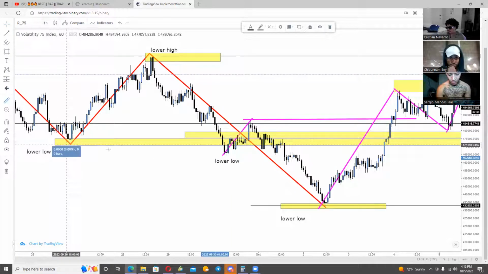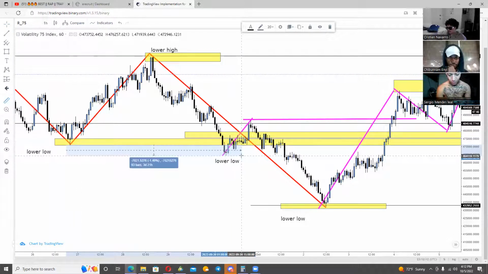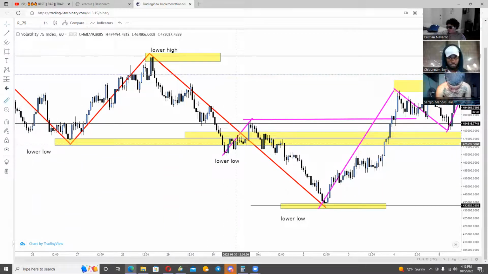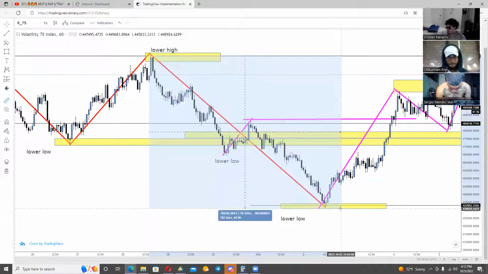It really doesn't make it valid like that. That was like 70 pips. Now I don't consider that a market structure. I consider big dog moves to be market structure. From here to here, I prefer to see a bigger move like this than a smaller move.